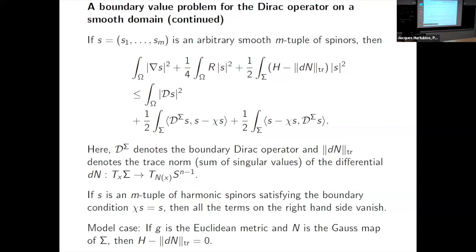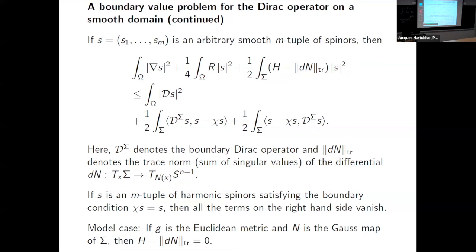Now, the model case, again, would be when g is Euclidean and n is the Gauss map. In this special case, the mean curvature is the sum of the principal curvatures, but for a convex domain, the principal curvatures are the same as the singular values of the differential of the Gauss map.